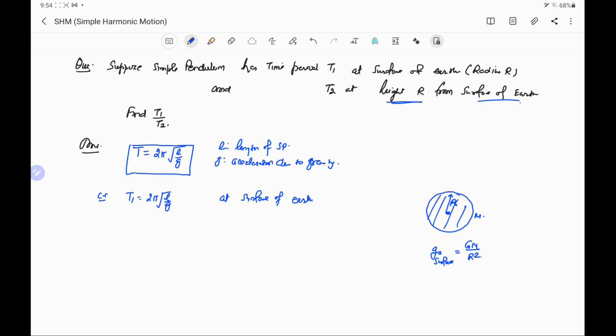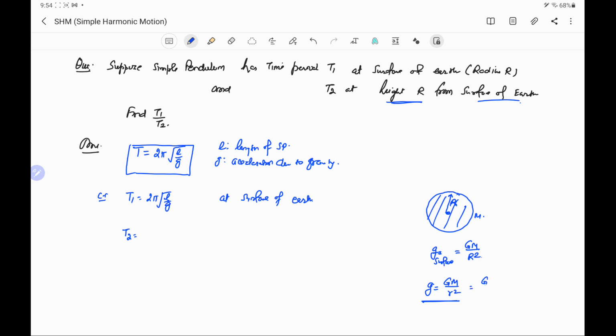Now, in the second case, we have to find the acceleration due to gravity at a height r from the surface of Earth. We know, in general, the acceleration due to gravity at a distance small r from the center of the Earth is GM by r square.